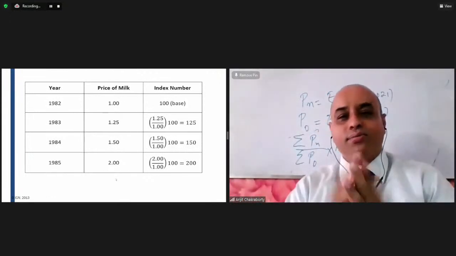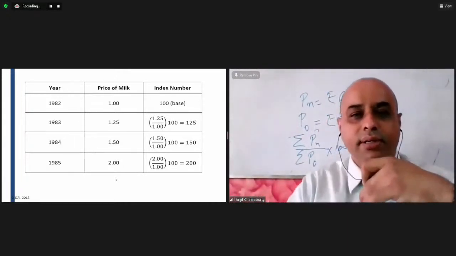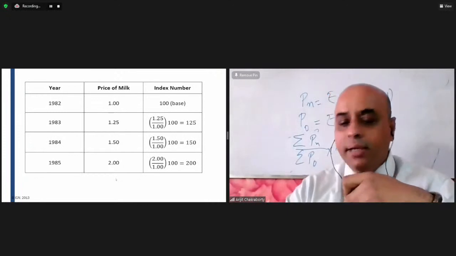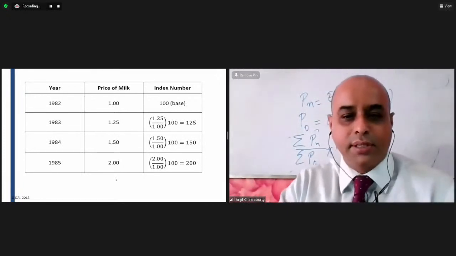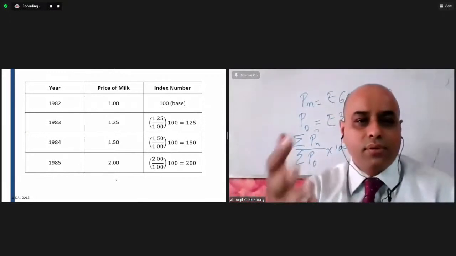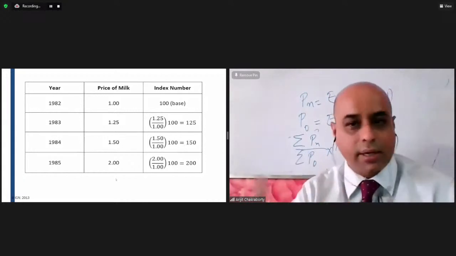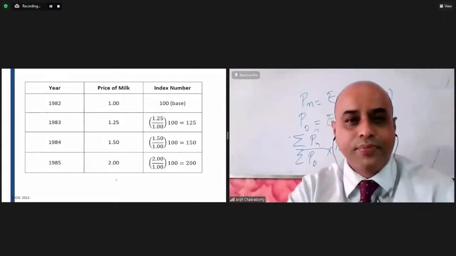Similarly, for 1984 the calculation is easy enough: 1.5 by 1 into 100 gives you 150. And for 1985, it is 2 by 1 into 100, which is 200. Therefore, the base year 1982 index number is taken as 100.